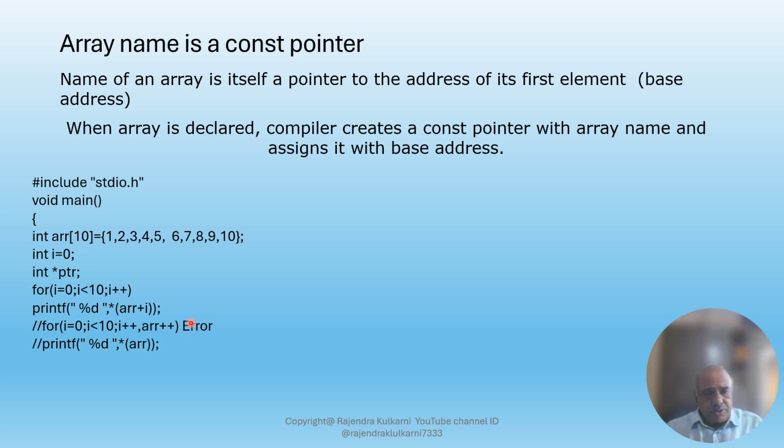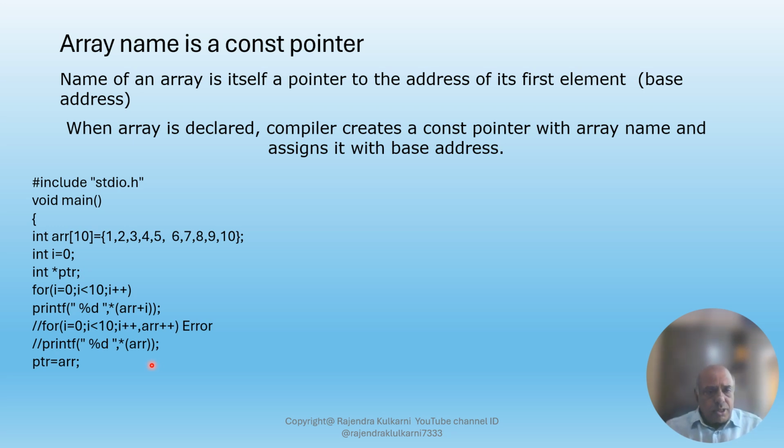This expression is trying to change the value of a const variable, which is not allowed. That is why these statements, or a for loop where I am trying to increment the value of arr, will not be compiled. A compile time error will be thrown by the compiler.